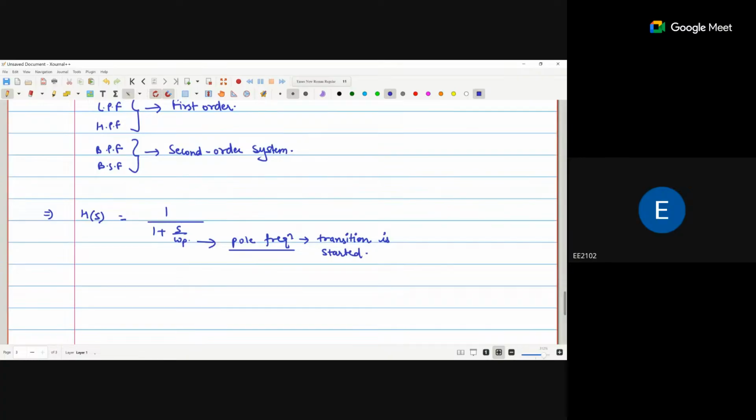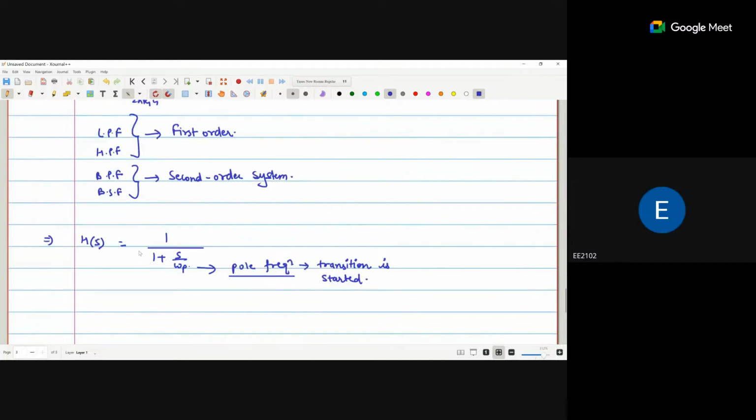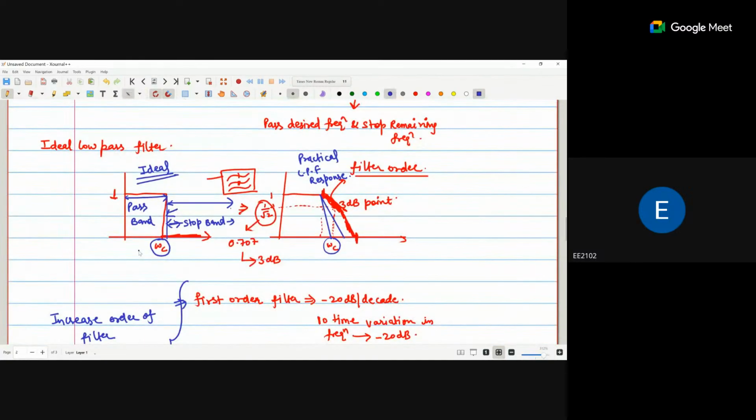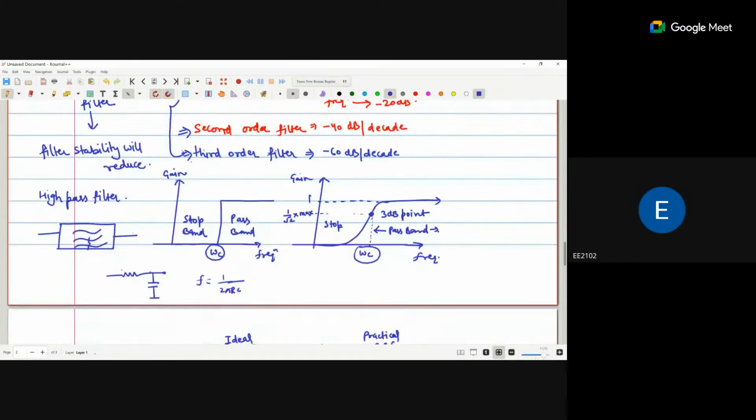I think you studied the Bode plot. In the case of a Bode plot, if one pole exists, after that it starts at minus 20 dB per decade. If a second pole exists, minus 20 already and minus 20 again, so minus 40 dB slope.